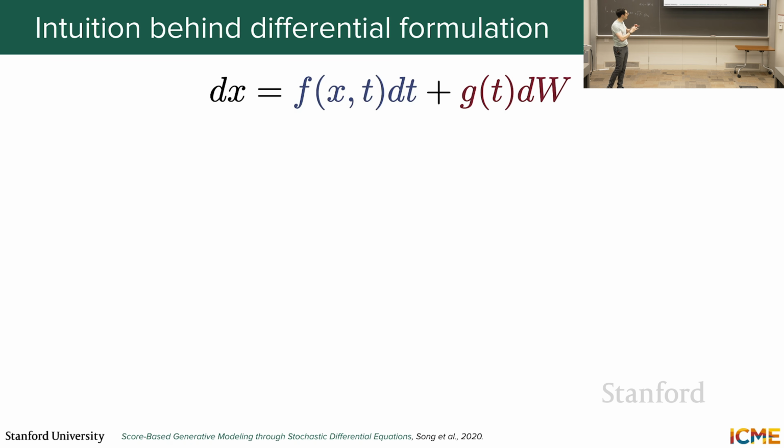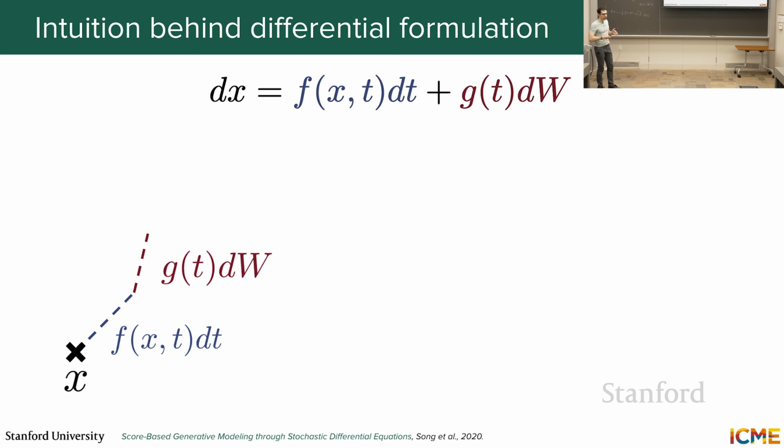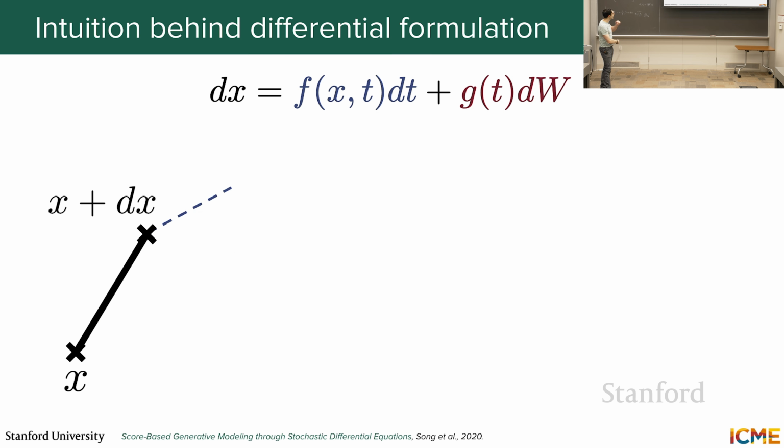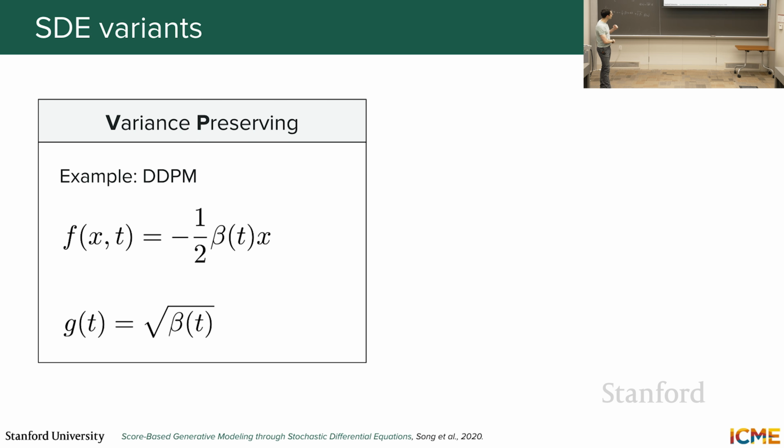Which means that if you take the whole expression, one step from x to x plus dx is going to include a deterministic step and a stochastic step. And this is something that you will follow on the slides here.